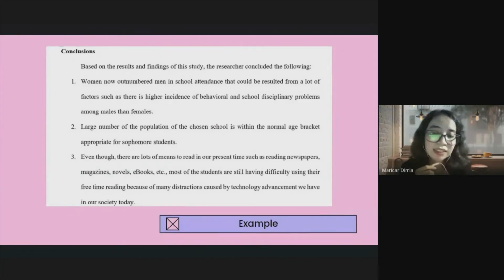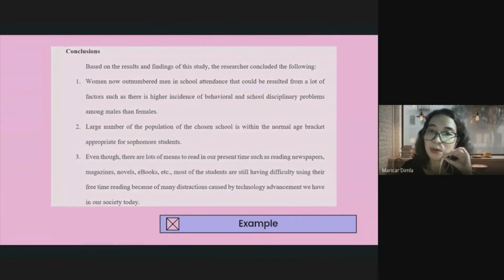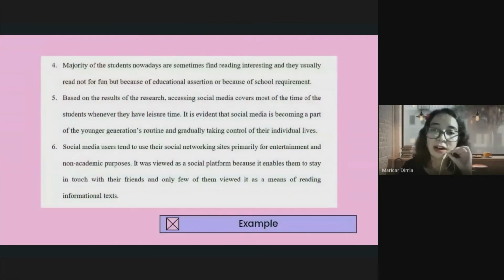Okay ba? Iko-conclude ka na dito na bakit ganun yung naging result of the findings. Okay? Wala na kayong makikitang mga highfalutin words, technical words, class.